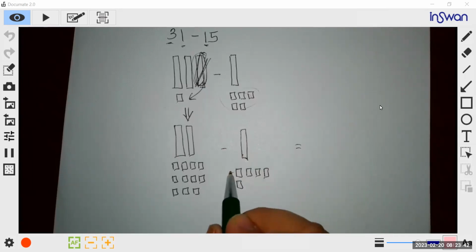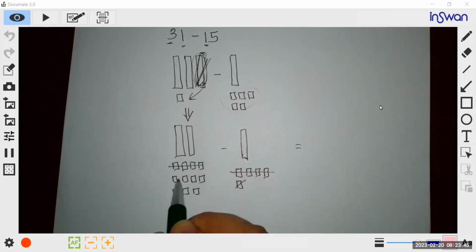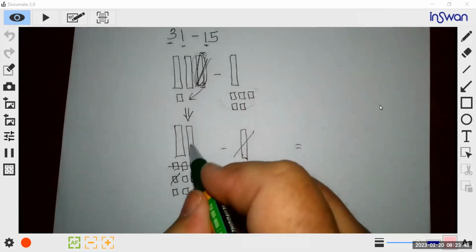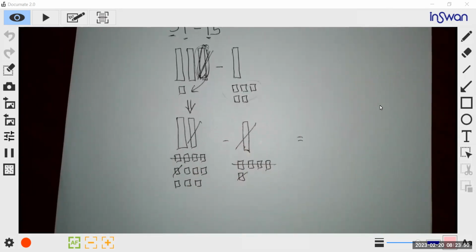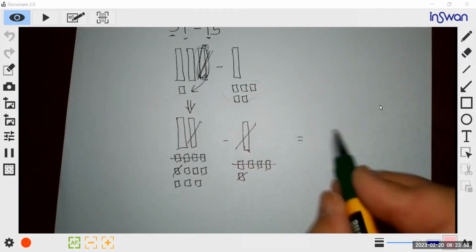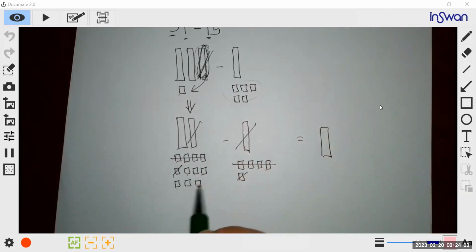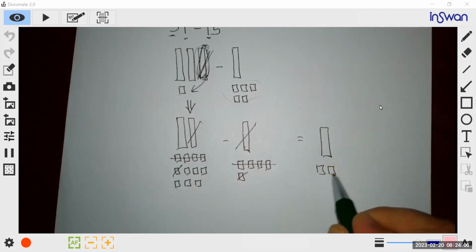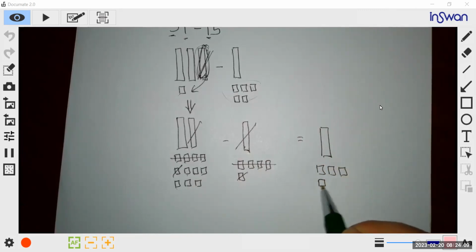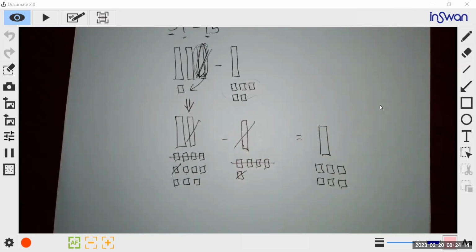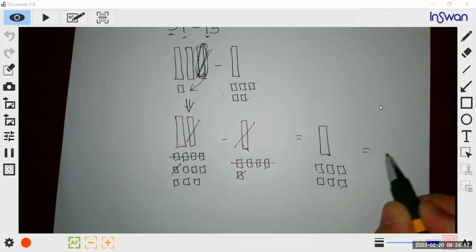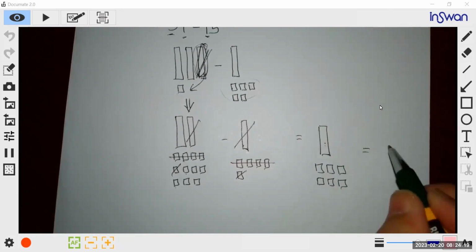All right, so now I get rid of those 5 and that 1 and get rid of this one. So it leaves me with 1, 2, 3, 4, 5, 6. So this equals what? 10 plus 6 is 16.